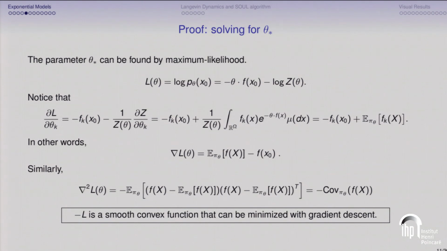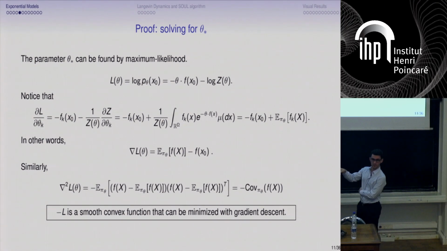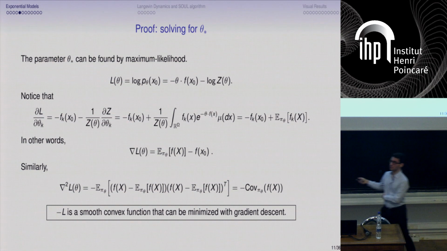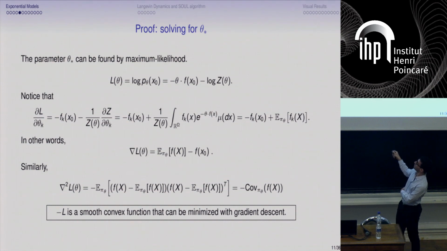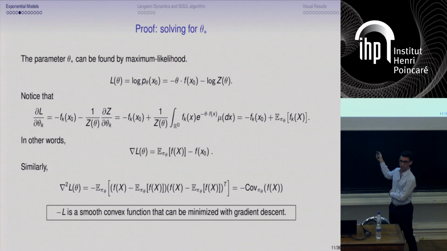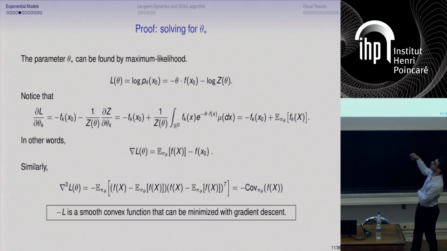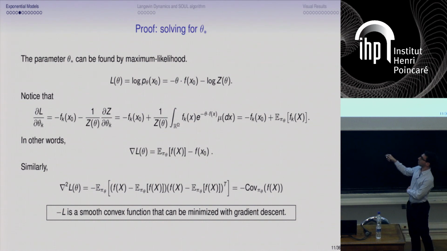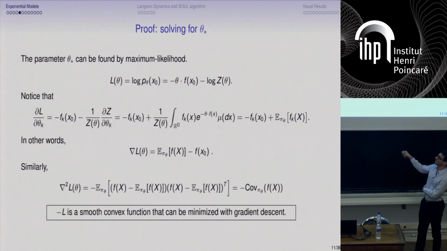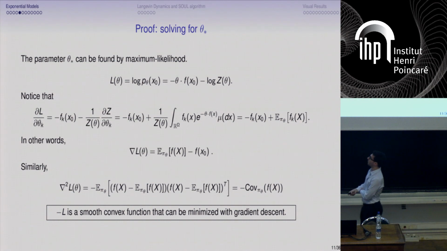This term can, of course, be differentiated very easily. And for the other one, with the first hypothesis of the theorem, you can differentiate under the integral sign, and you get this kind of expression. And here, when you divide back by Z theta, you see that the second term gives the expectation of the statistics under the model pi theta. So in other words, the gradient of the log likelihood is the expected features of the model minus the observed features of the exemplar texture.